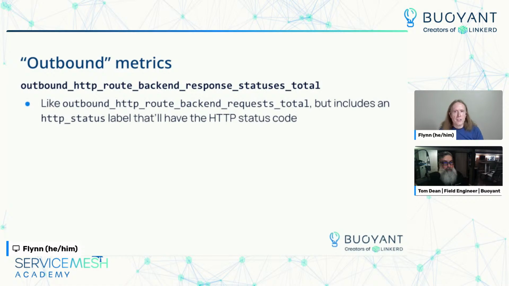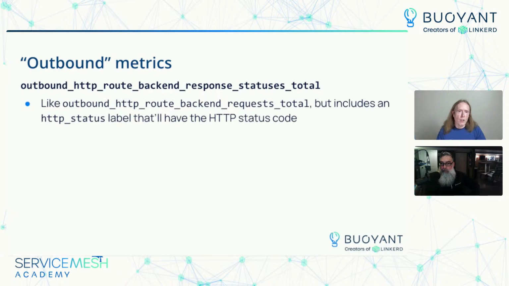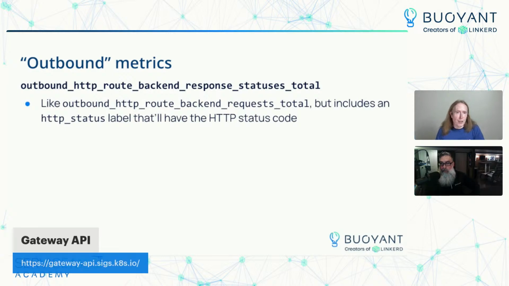So it basically looks like backend request total, but the HTTP one also has an HTTP status label that will tell you the status code. It'll give you the actual number, not like 5xx or 4xx, but it'll give you 403 or whatever. This is a case where Tom's transform trick might be convenient to be able to turn some of the fours into just a single 4xx thing if you wanted that.